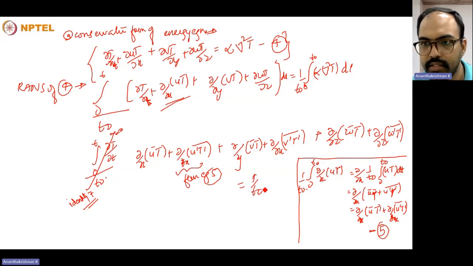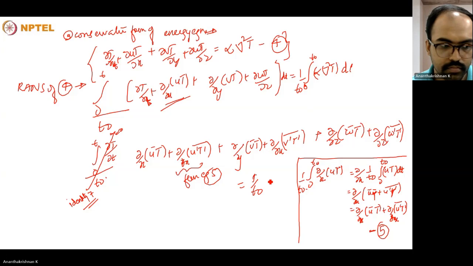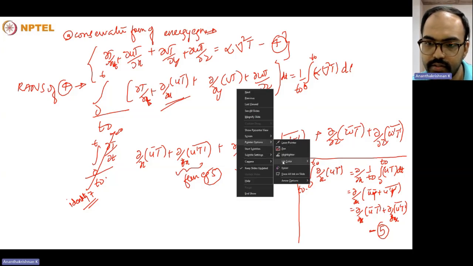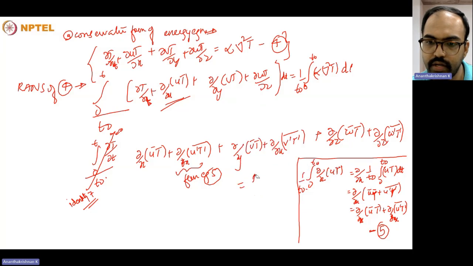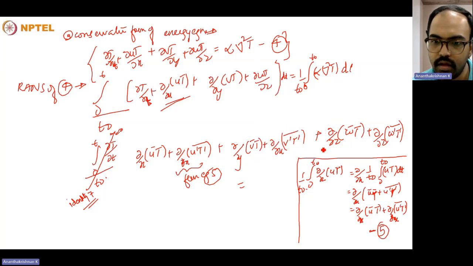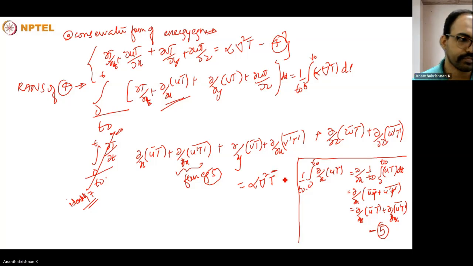It will be 1 by T0, and this particular term will go inside, so you can write it in terms of an average quantity. So it will be alpha into del squared T bar. That will be equation 6.